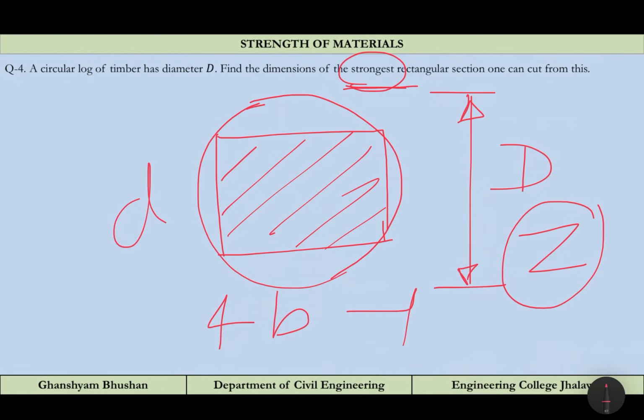So we can calculate the value of Z for the rectangular section and maximize this with respect to either width or depth, and we will get the value with respect to the dimension of the circular timber.